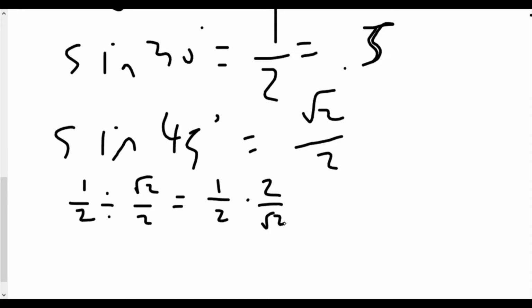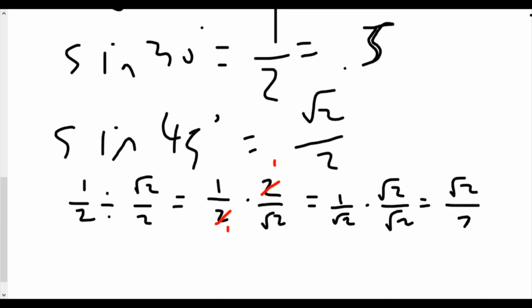Now when we multiply, these divide out. So the 2 on top and 2 on the bottom divide to 1, and we're left with 1 over the square root of 2, which you can rationalize, ladies and gentlemen, to get the square root of 2 over 2, which, funny enough, is the same as the sine of 45, which is here, okay?